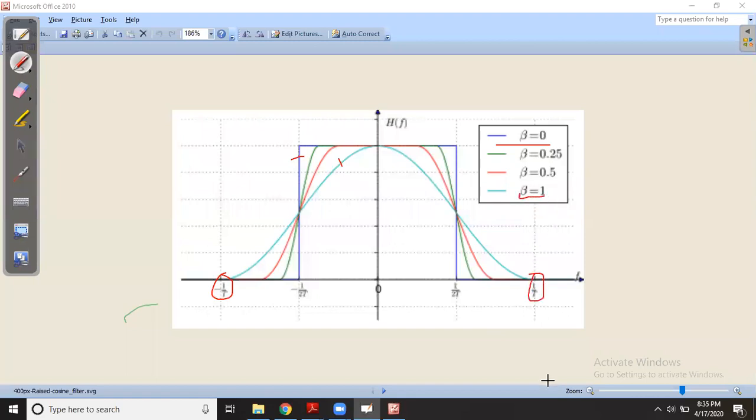The red one is for the value of alpha or beta. This plot I got from my MATLAB coding, and in the coding I have used beta instead of alpha. So both are nothing but the roll-off factor. The value of beta is 0.5 and 0.25, which gives you the red color lines.